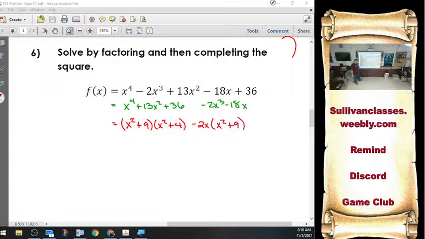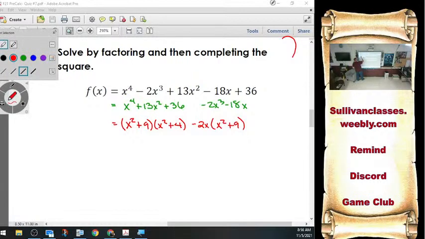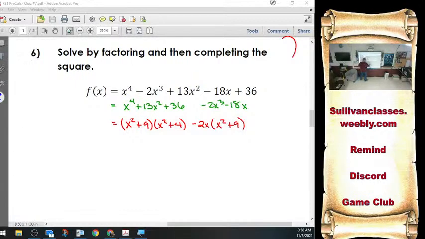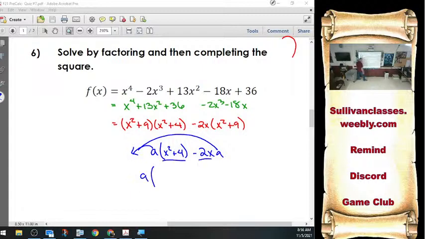They have an x squared plus 9 in common, right? Right now, that's no different than ax squared plus 4 minus 2xa. You would take a out, leaving that. Oh, okay.